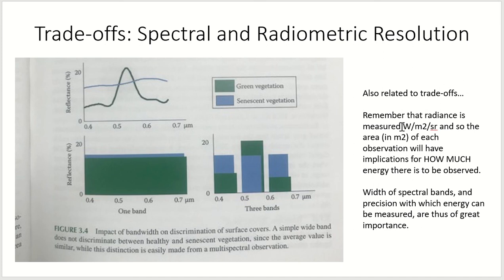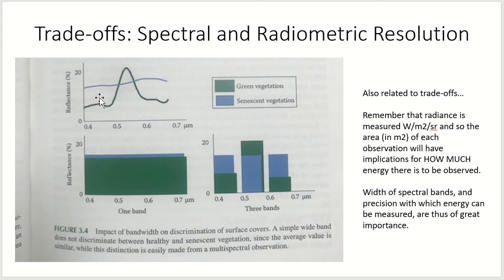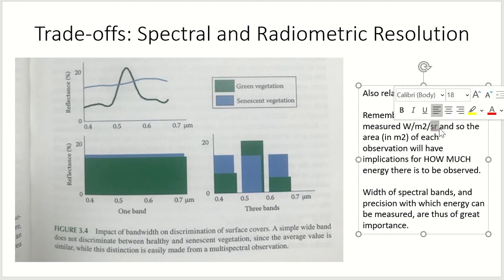So these two properties, spectral and radiometric resolution, are related to spatial resolution, and this relationship is illustrated when we remember that radiance, the energy being divided here by the total input energy from the sun, the total that's reflected by the surface, is measured in watts per meter squared per steradian.